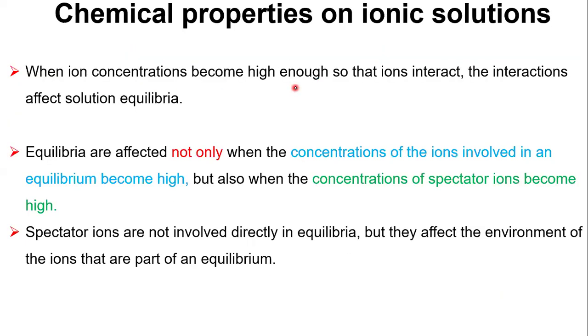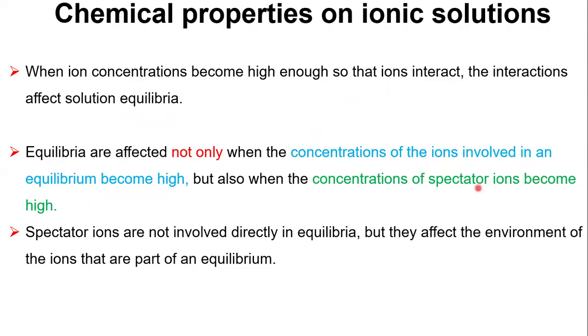Now we are saying that when ion concentration becomes high enough, the ion interaction affects solution equilibria. Equilibria are affected not only when the concentration of ions involved in the equilibrium becomes high, but also when the concentration of spectator ions becomes high.